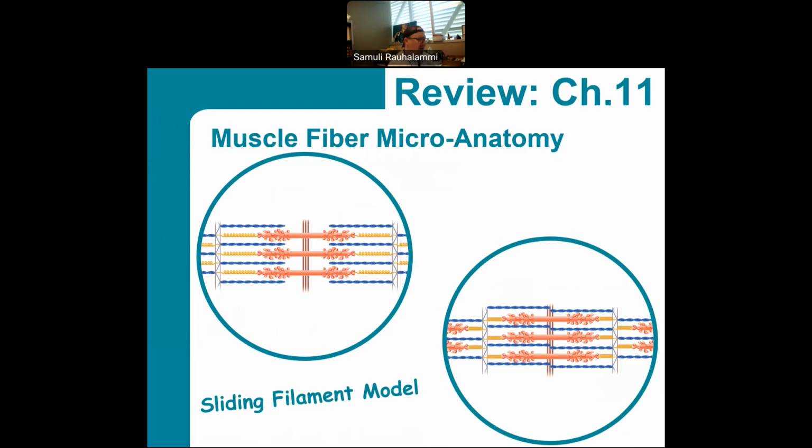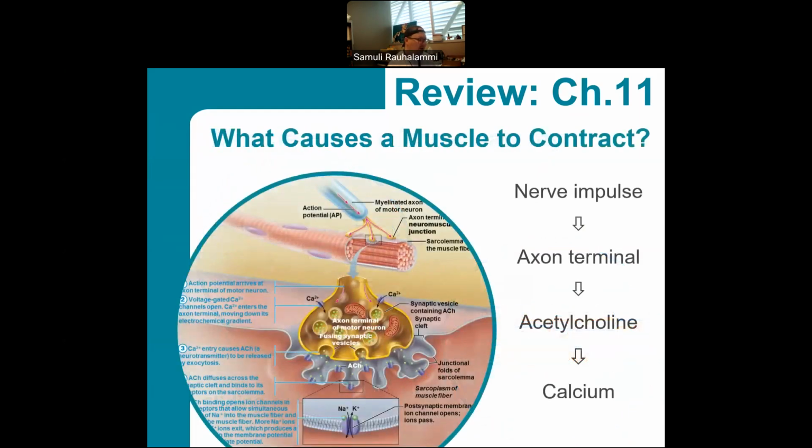I also wanted to include this diagram to make a point that we do have nerve impulses coming from neurons to the muscles. They form the neuromuscular junction, sending those messages to the muscles to do their movements, and calcium plays an important role in that.